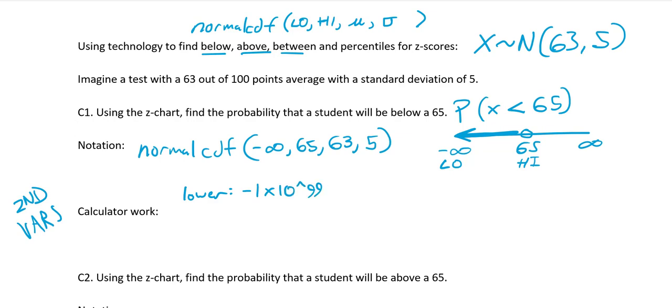I like using the little caret key, and I also like to throw my calculator back into classic mode so I can actually see all this notation instead of it shifting the cursor. Now the upper limit was our 65, and our mu was 63, and our standard deviation was 5. So you can see how all 4 of these inputs match the notation that we needed.